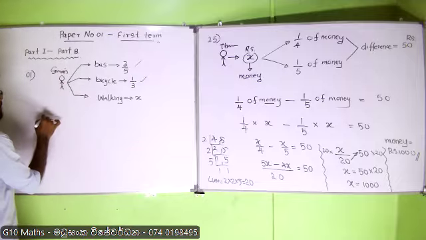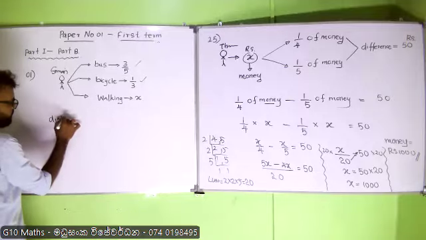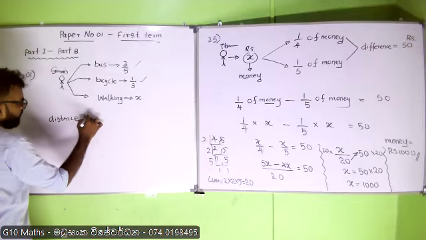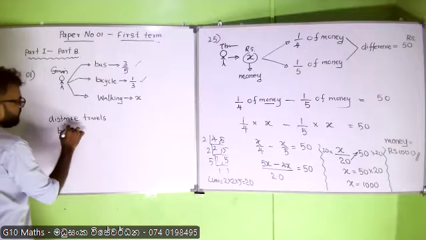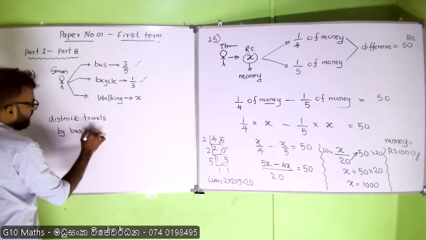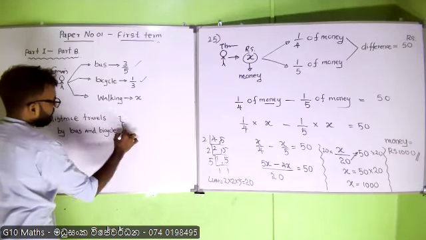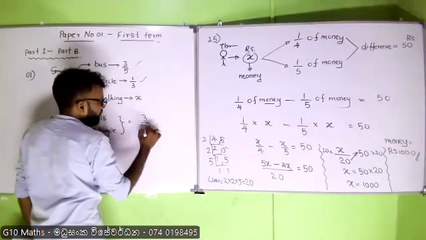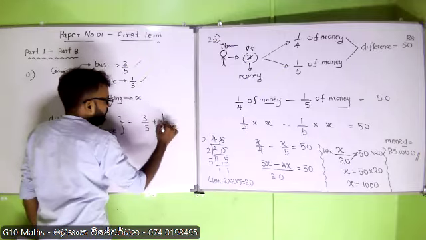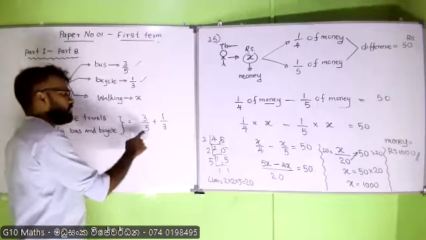So for the total distance, or you can write distance traveled by bus and bicycle, 3/5 plus 1/3. You know how to simplify this.